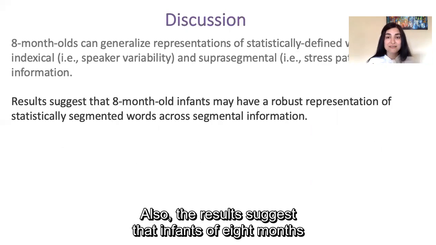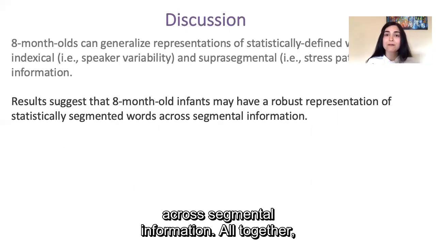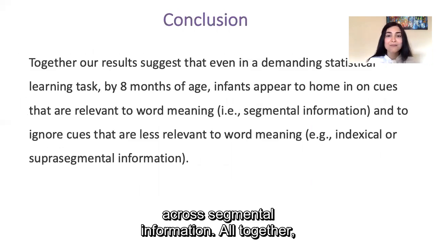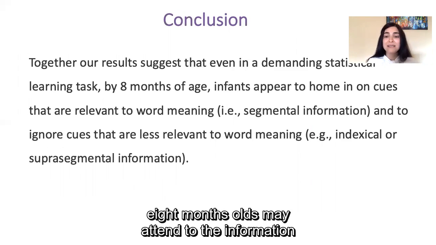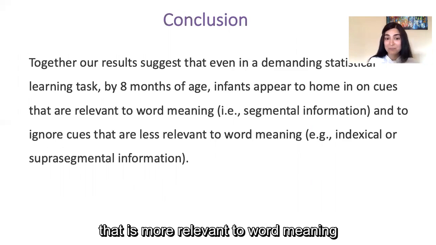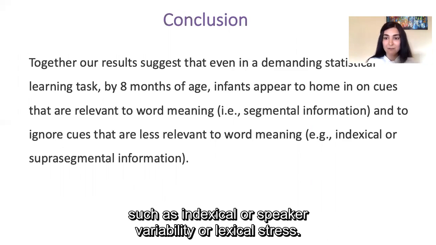Also, the results suggest that infants at 8 months may have already formed a strong representation of statistically segmented words across segmental information. Altogether, our findings suggest that even in a demanding statistical segmentation task, 8-month-olds may attend to the information that is more relevant to word meaning and ignore less relevant cues, such as indexical or speaker variability or lexical stress.